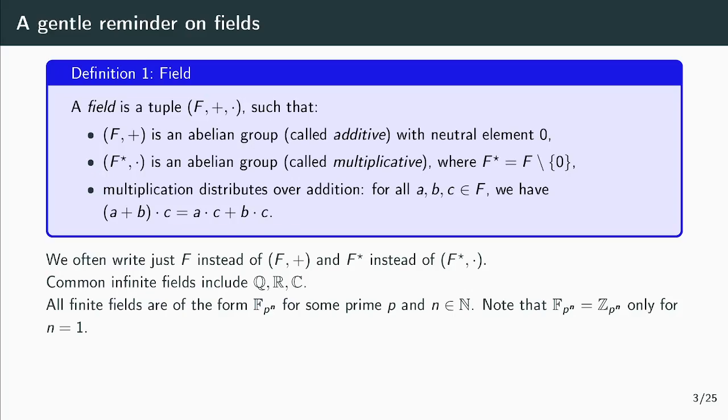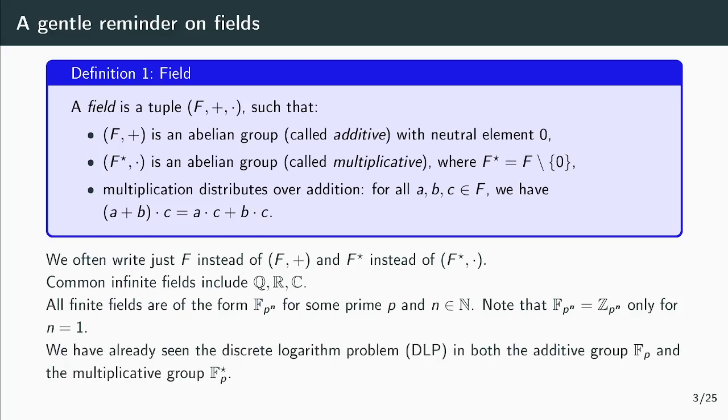But luckily, in cryptography and mostly in this lecture, we will only work with F_p, which is the same thing as Z_p. And in the last lecture, we have already seen the discrete logarithm problem, or DLP, in at least 2 types of groups, the additive group of F_p and the multiplicative group, F_p star. In a moment, we will see how this can be generalized into the group of an elliptic curve.